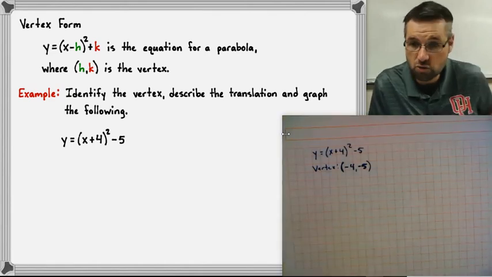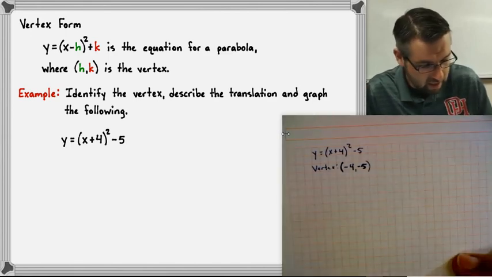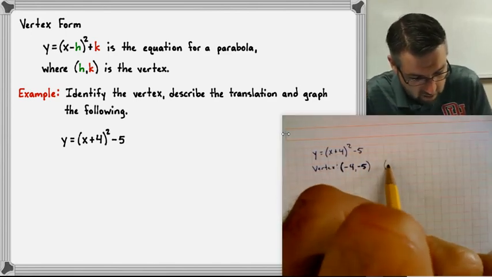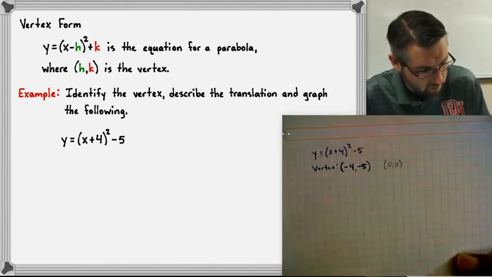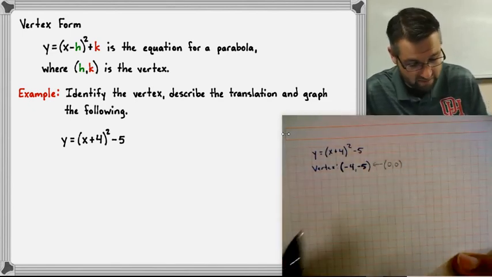The next thing it says is to describe the translation. Well, we can describe the translation without graphing it, because remember, in the parent graph, the vertex is 0, 0. So how do I go from 0, 0 to negative 4, negative 5?